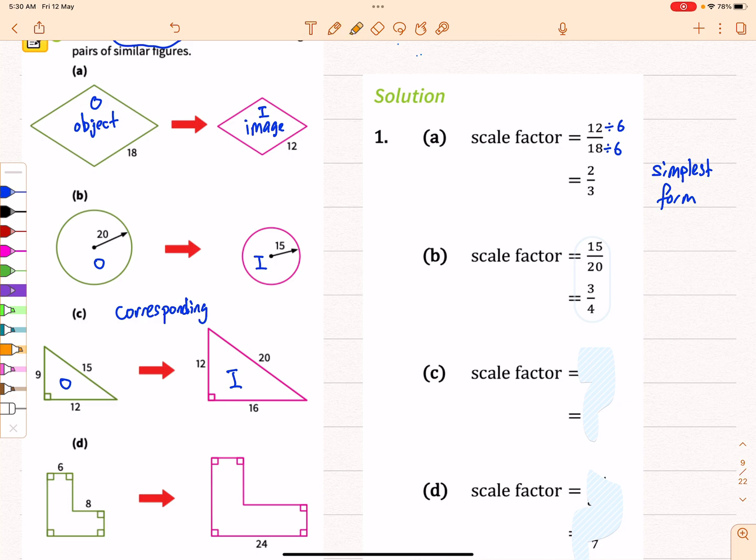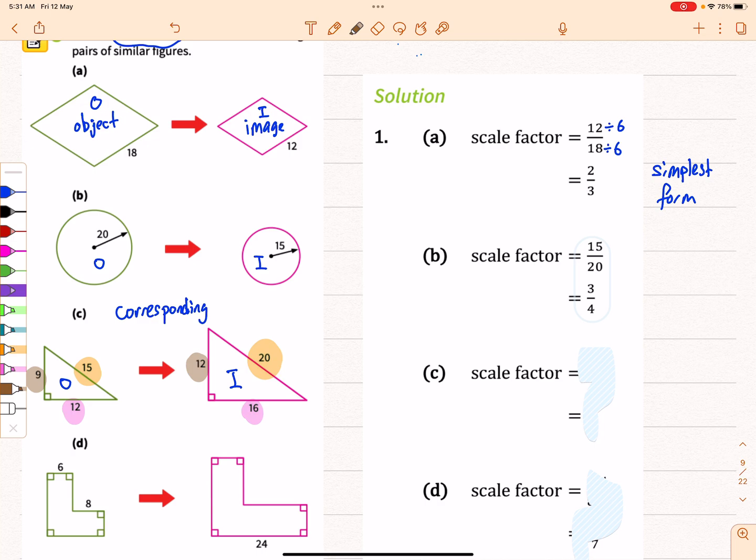It means that you must compare the same pair of lengths. So if you take 20, you must divide by 15. If you take 16, the corresponding length will be 12, and the corresponding length of 12 in the image shape will be 9 on the object shape.